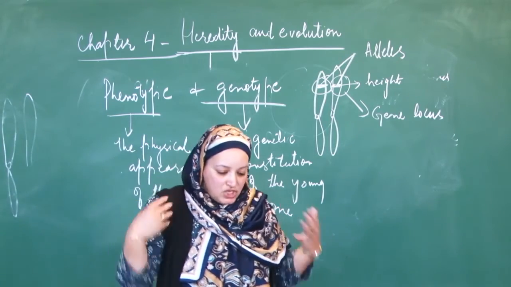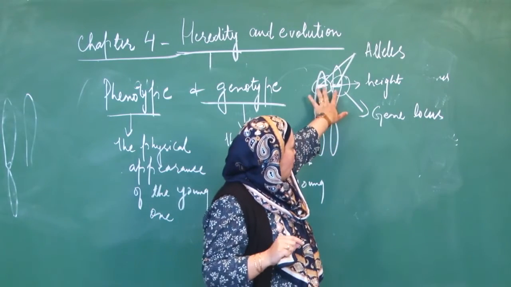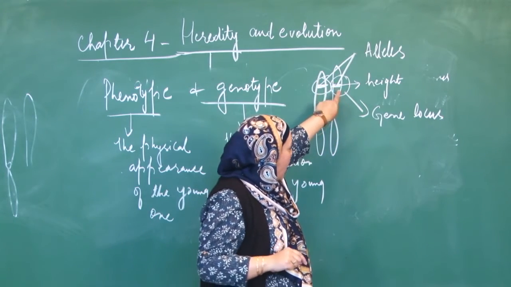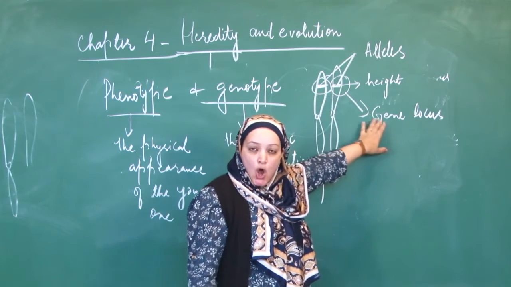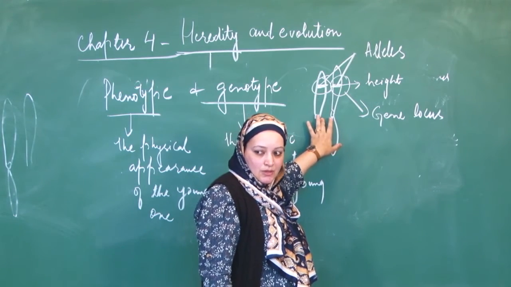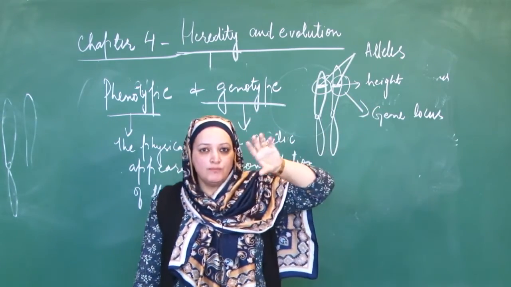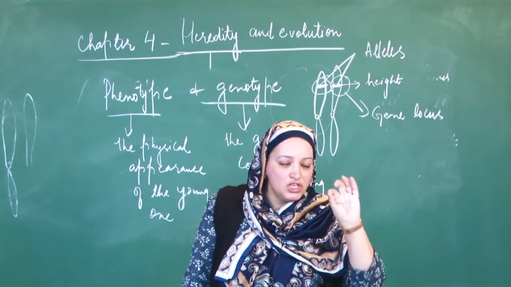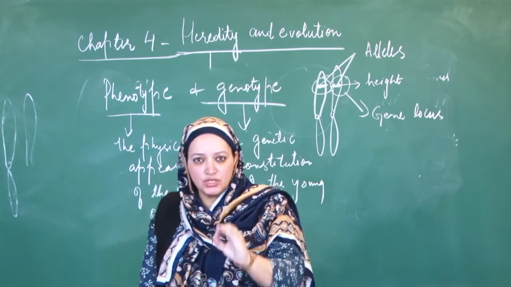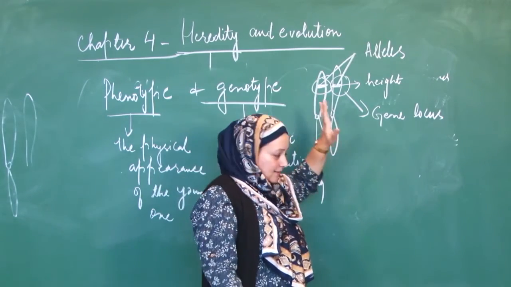Various forms of genes. Alleles are the various forms of gene which occur at the same gene locus on two chromosomes. Gene locus means gene position, and they are called the alleles.